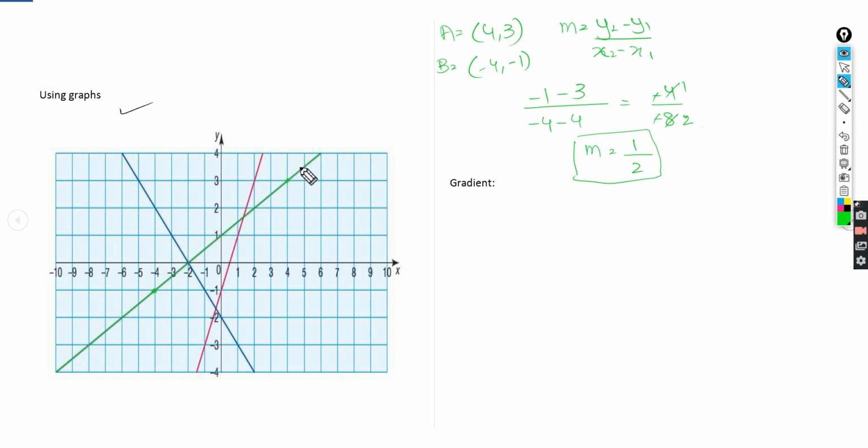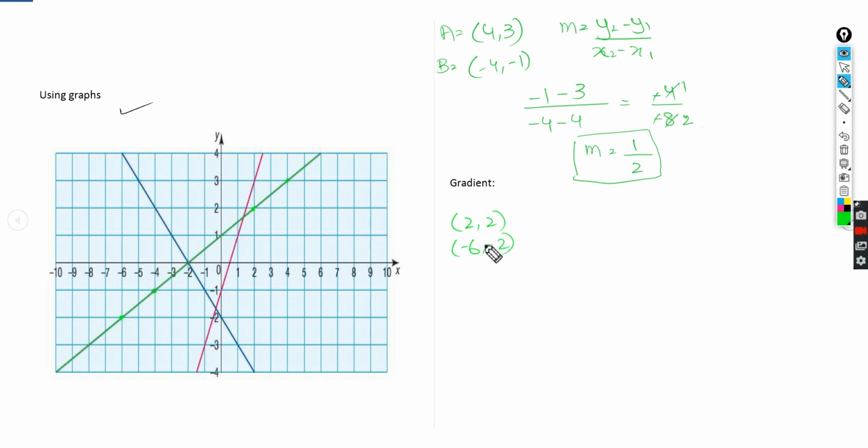A lot of my students ask me, sir, would the gradient come exactly the same if we use some other points? So let's try that. This time, let's take this point, which is 2 and 2, so x is 2, y is 2. And let's take this point, which is -6 and -2. This is again on the green line only.